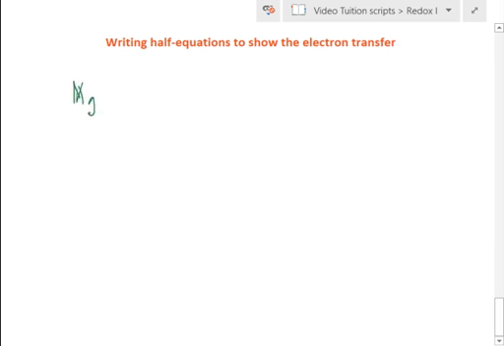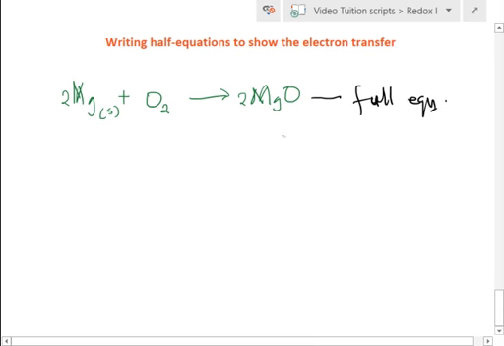Magnesium atom react with oxygen gas to give magnesium oxide. So we balance the equation. So this, I will call this one a full equation.